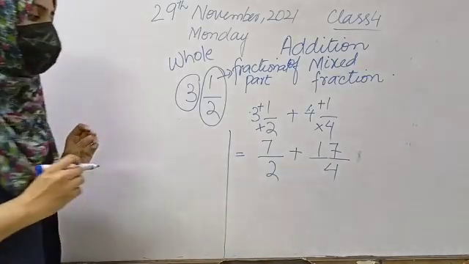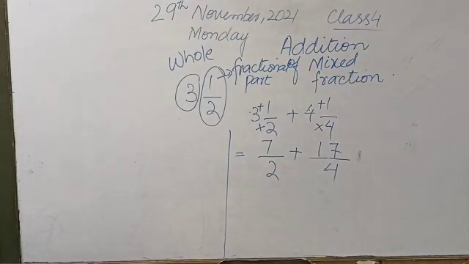Now if you look class, we have two fractions here. The first one is 7 by 2 and the next one is 17 by 4. फाइन, एक 7 by 2 है और एक क्या है 17 by 4.